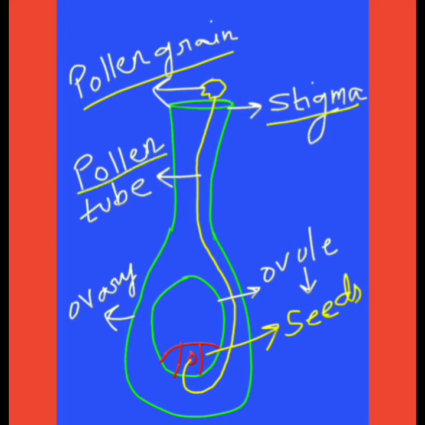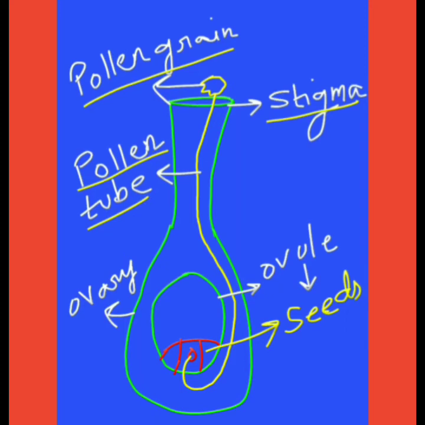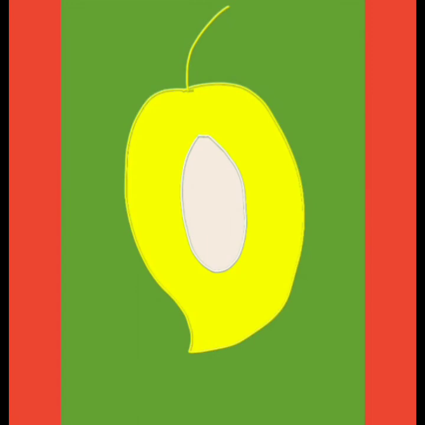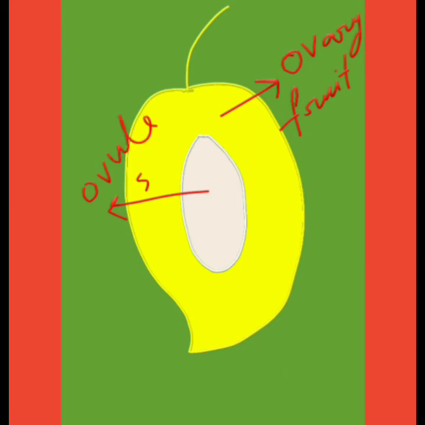Then it forms the pollen tube, and this pollen tube reaches to the ovary and fuses with the ovule. So this ovule turns into seed, and this ovary turns into a fruit. So what is fertilization? The process of the pollen grains fusing with the ovules is called fertilization. So the outer part of the fruit that we eat is actually ovary that turned into a fruit, and the inner one was ovule that turns into a seed.